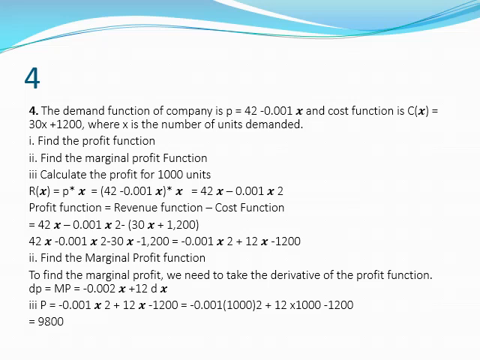For 1000 units, the result is negative 0.1 times 1000 power 2 plus 12 times 1000 minus 1200. The result is 9800.